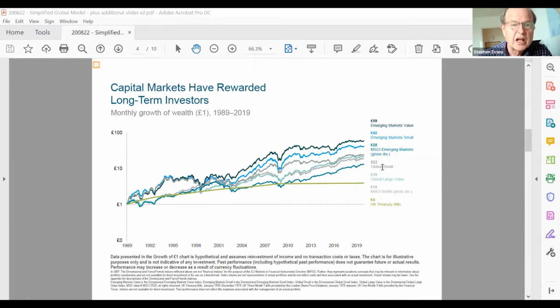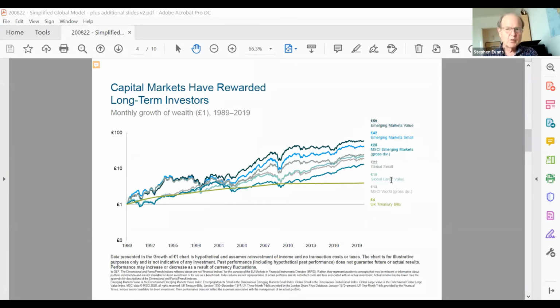Smaller companies have accumulated £22, and value companies have accumulated £19. Value companies are essentially cheap companies when measured against their net book value. So for various reasons, a company's share price might be trading at a low price.